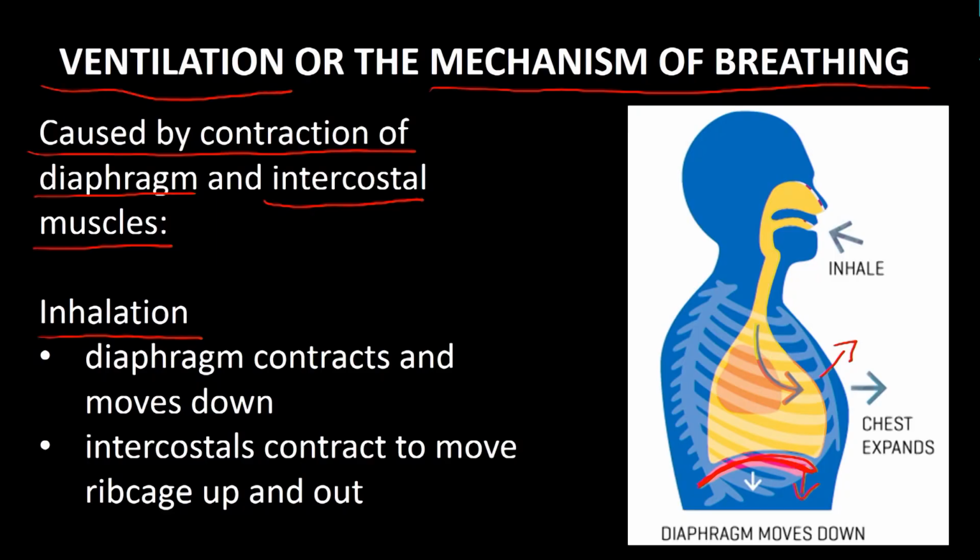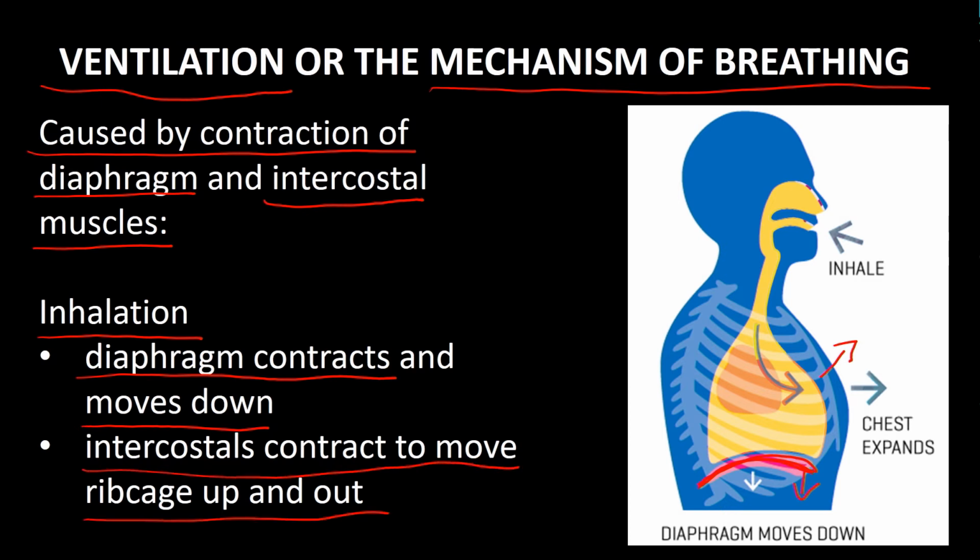So let's have a look at what happens when you breathe in, and breathing in is called inhalation. Inhalation is an active process because it means your muscles have to work. The diaphragm contracts and moves down, and the intercostal muscles contract, and the rib cage moves upwards and outwards.